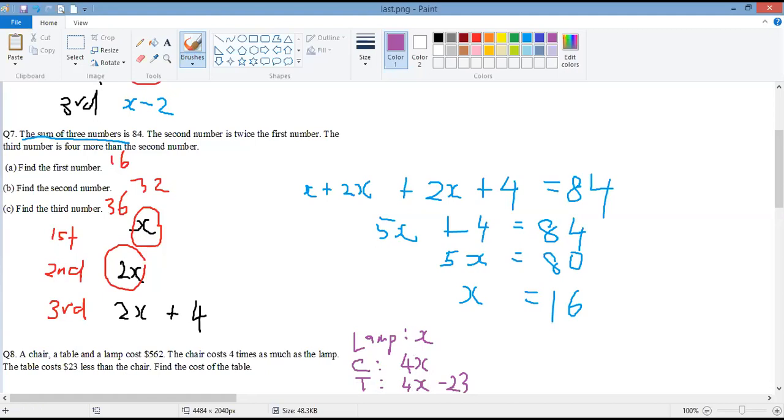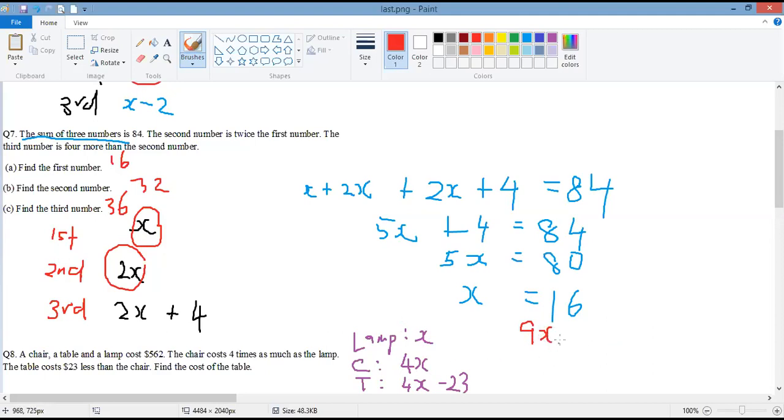So find the cost of the table. First, you have to find the value of x. So we already know these three objects, when you add together, you will get 562. So you have x plus 4x plus 4x minus 23. I write a simple one because I don't have space here.